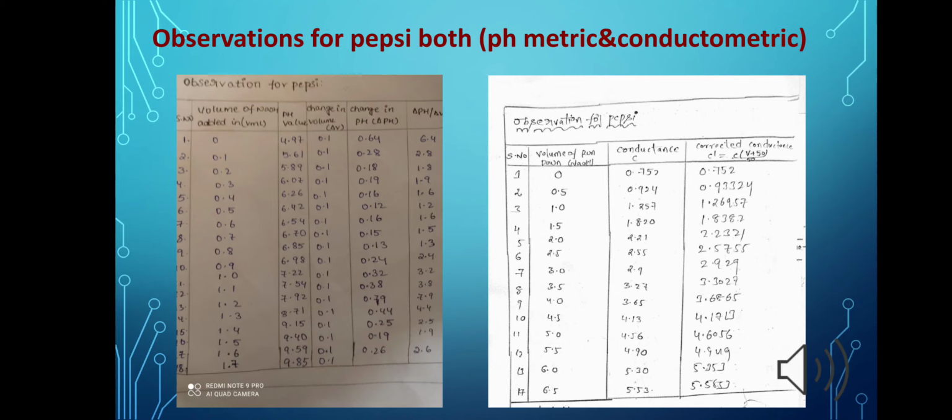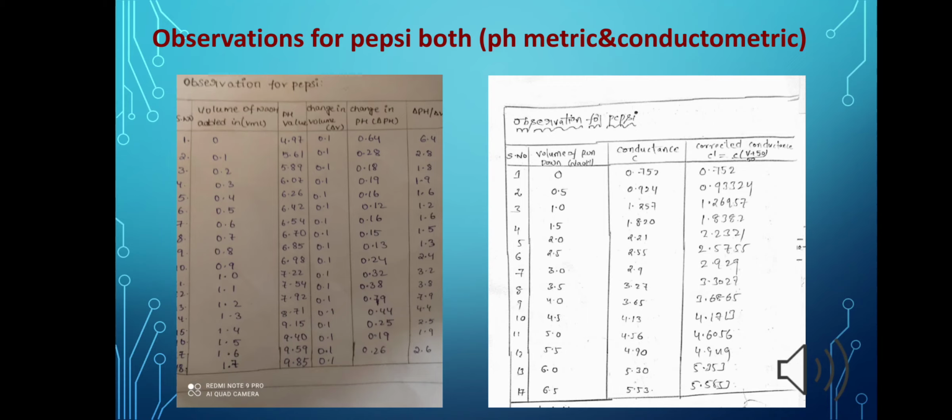In this case, each time we added 0.1 ml of NaOH from the burette. It is called accurate titration. Accurate titrations are used for performing this, so we will get accurate pH.